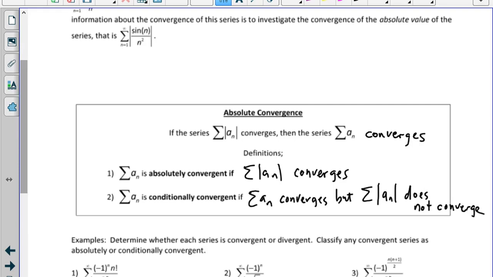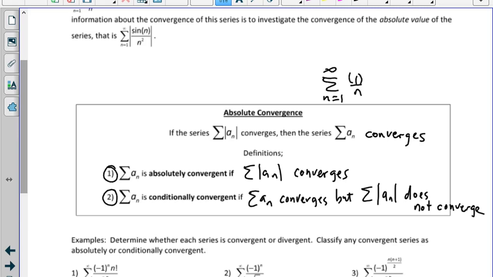So things are absolutely convergent if part one is true. They're conditionally convergent if part two is true. So the biggest example that's really easy for us is the sum from n equals 1 to infinity of 1 over n. That series diverges.